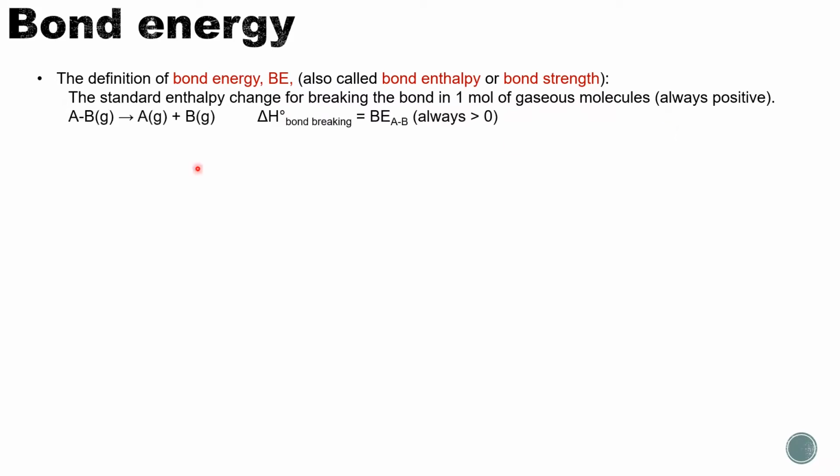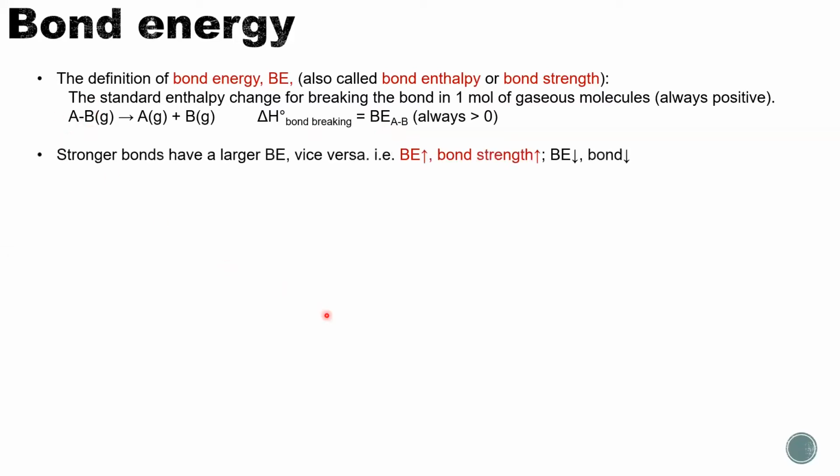For example, we have an A-B bond in gas phase, and after the reaction, we have A in gas phase and B in gas phase, so the bond breaks. And the standard enthalpy change for this bond breaking reaction equals the bond energy of A-B, and it's always larger than 0.